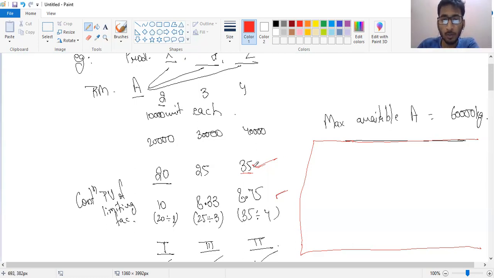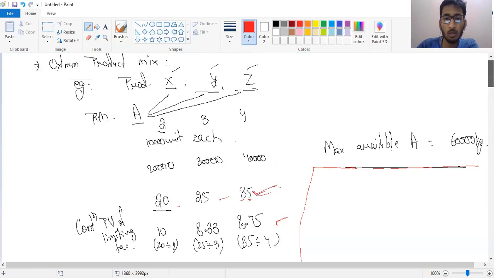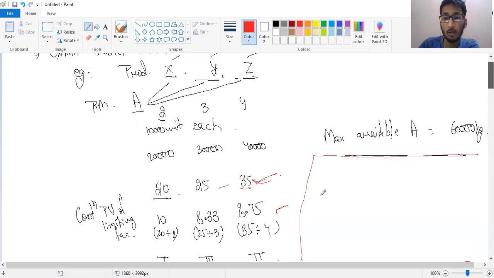I would say that first I'll make this, then this, and then this. So just make product Z first. So by making 40,000 units of Z, what would be your contribution? I would say 40,000 multiplied by 35. That would be your contribution.